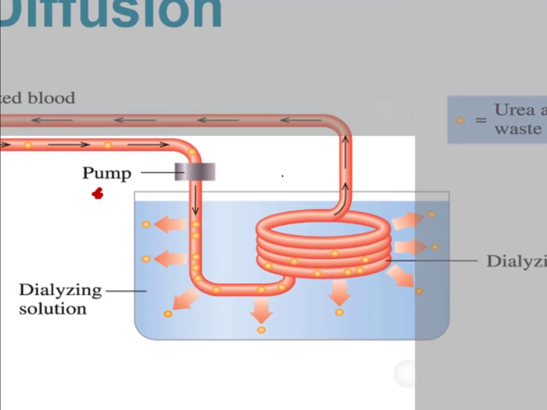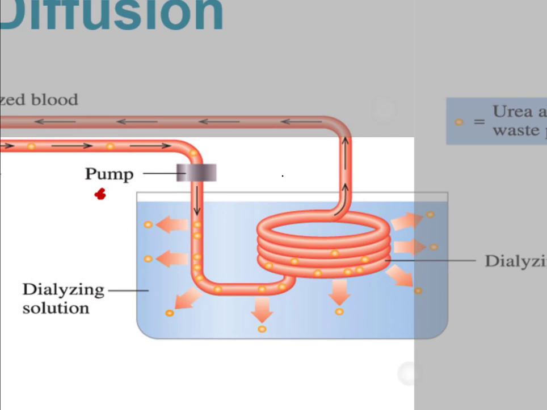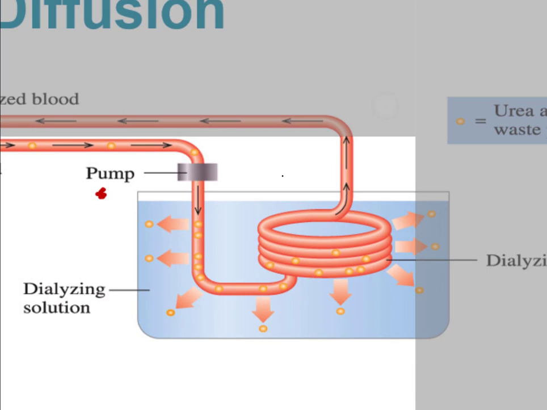Surrounding the tubing is called dialysis solution, and a dialyzing solution is isotonic. That means it's got the equal amount of salt and water and nutrients that your blood should have if your kidneys were functioning. So anything that is in excess in the blood is going to come out. Anything that is not enough in the blood will go in.